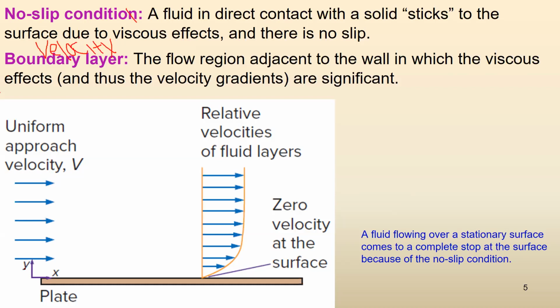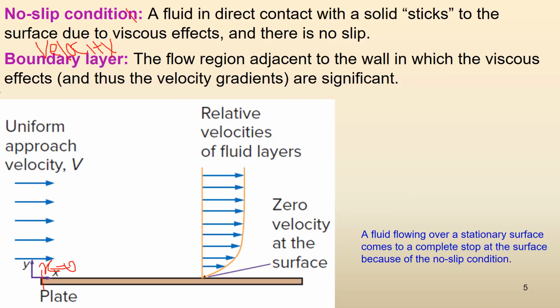But after the fluid starts moving over the surface from this point at x equal to 0 forward, the velocity above the surface changes from 0, because of the no slip boundary condition, if the plate is stationary, to the original velocity.